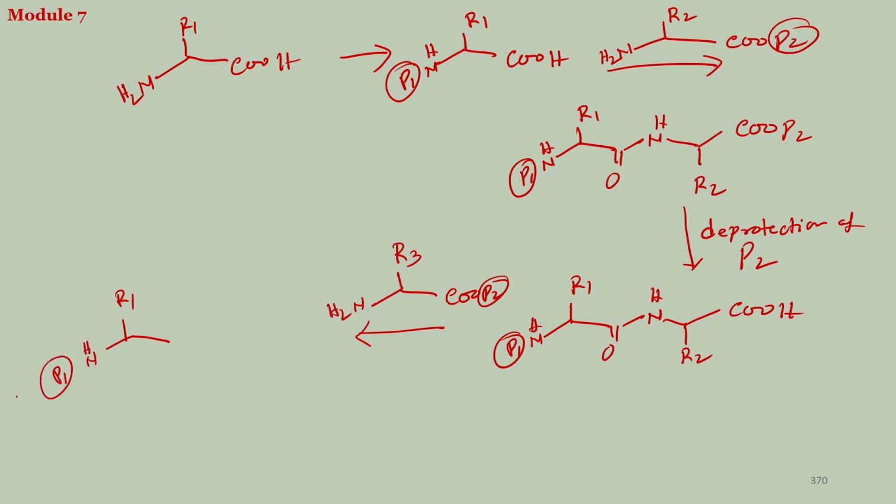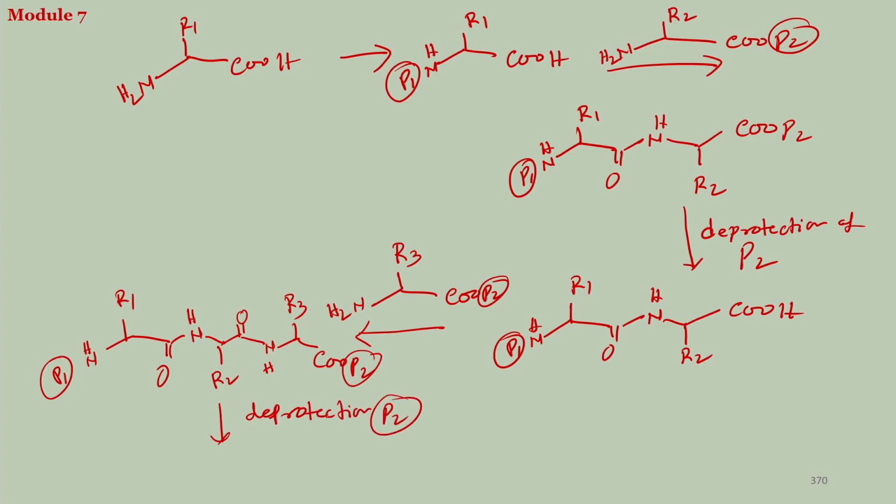NH P1, R2, R3, P2, then again the protection of P2. It will give you another carboxylic free and you can move on like that. So, this is one way of it.